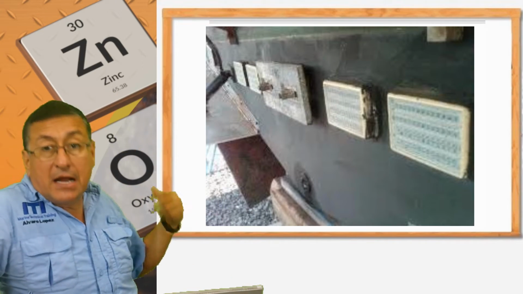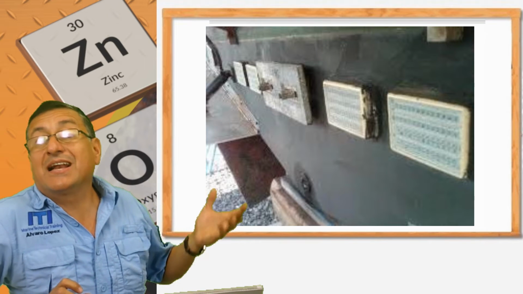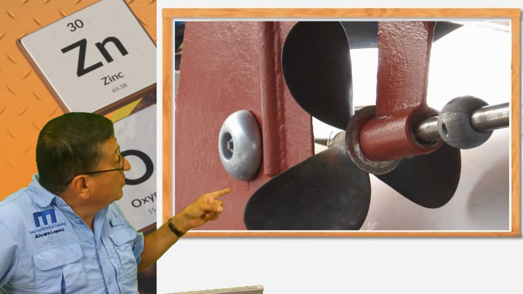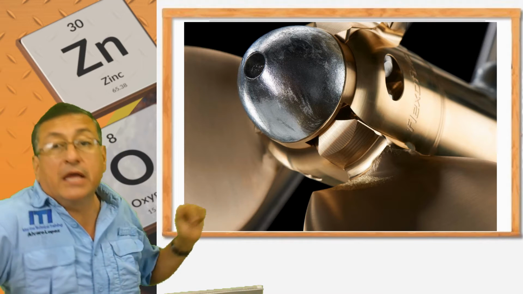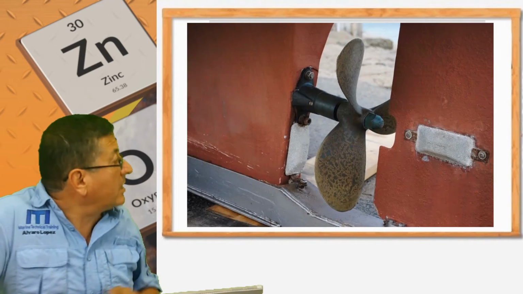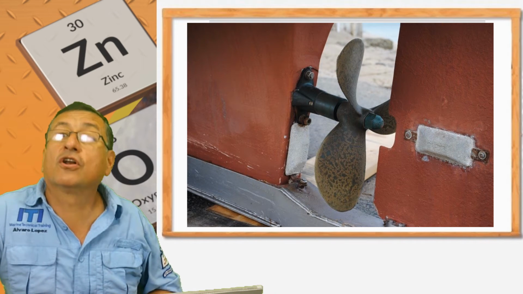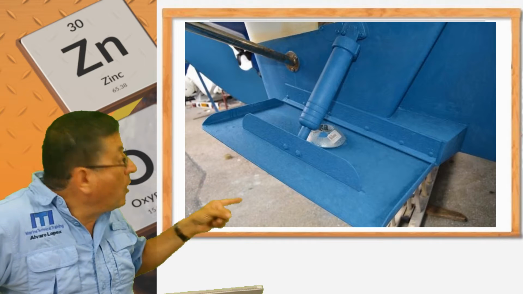For the external elements located outside of the boat, you have other things, the external metals outside of the boat. For example, for the shaft, you have those things. For the propeller, you have that zinc. For the rudder, you have that piece of zinc. For the flaps of the twin tabs, stainless steel, you have those things.